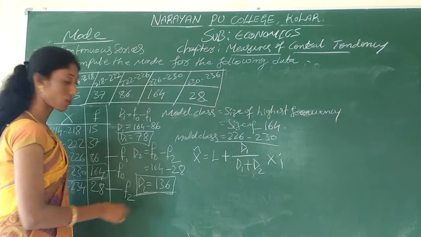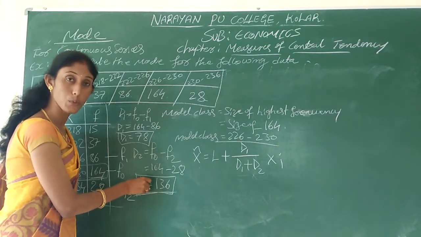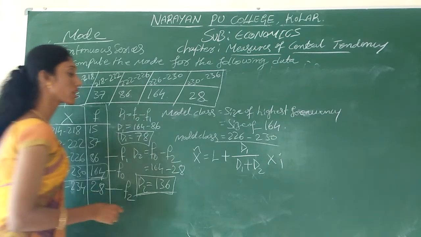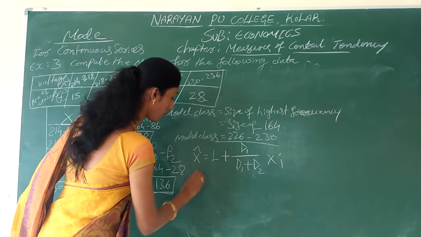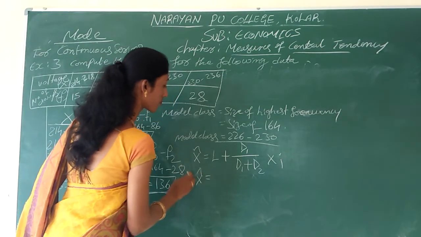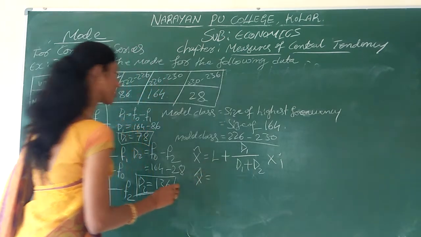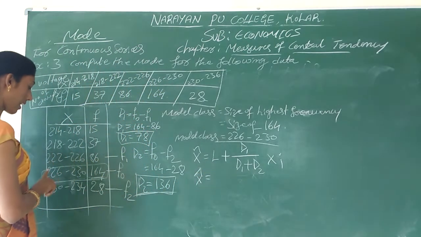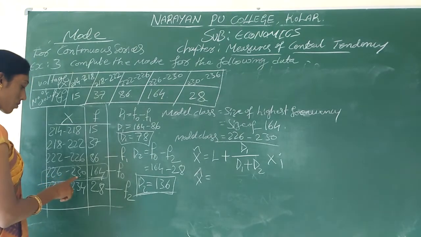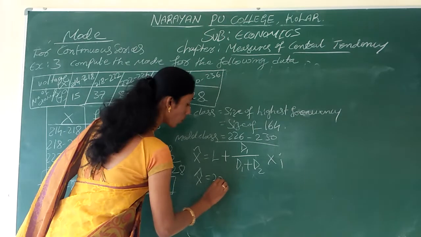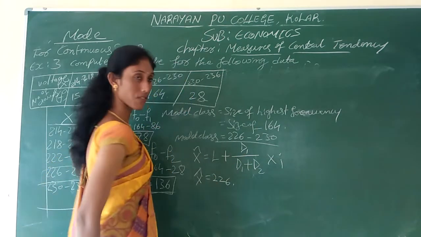Subtracting these two values we get D2. Got it right? Then after finding D1 and D2 we can directly apply the formula. Then L means the lower class limit of this class, 226 to 230. Here 226 is the lower limit of this class, right?